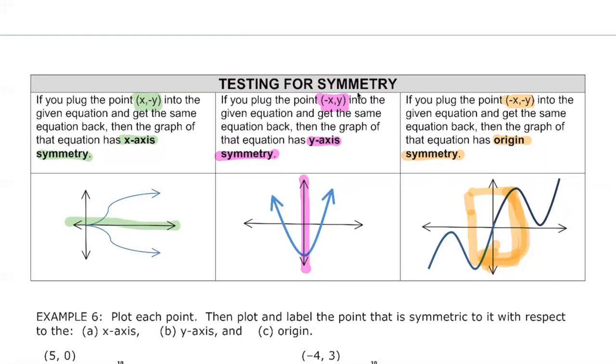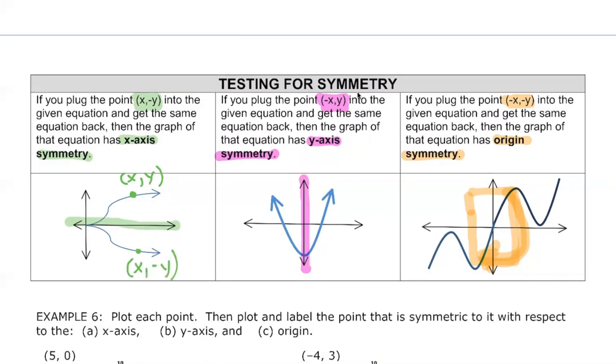You might be wondering, why are those the points? And that is because this is reflective for the x-axis. If this is x comma y, the reflection point over the x-axis would still be a positive x, but now since the y is below, it would be a negative y. So that's why we use that point.